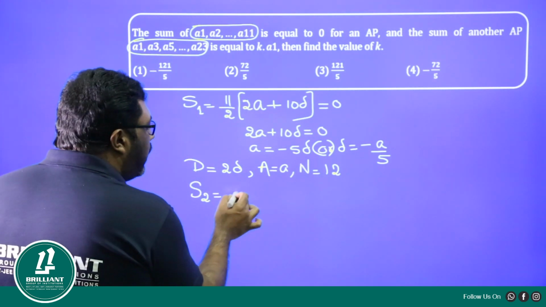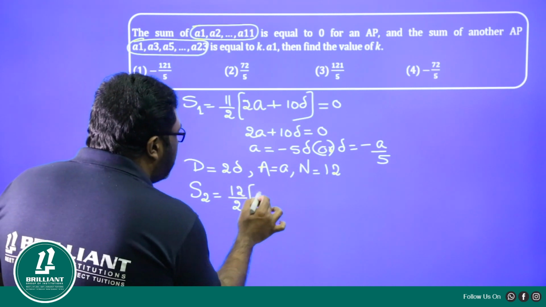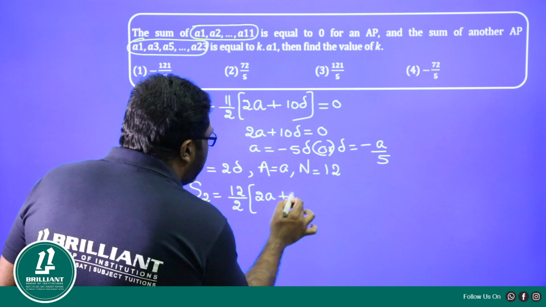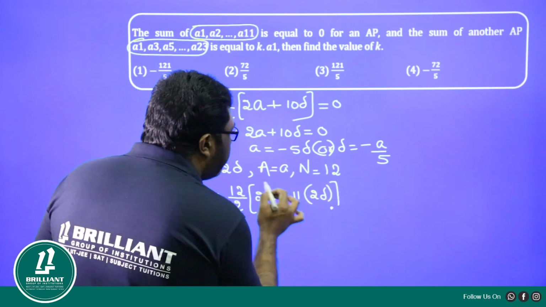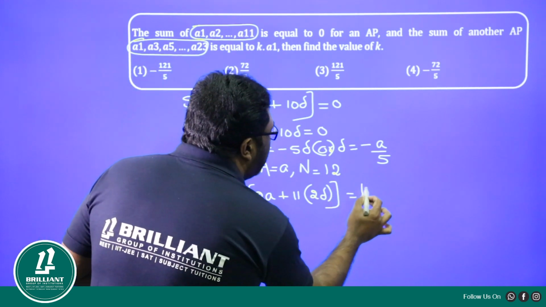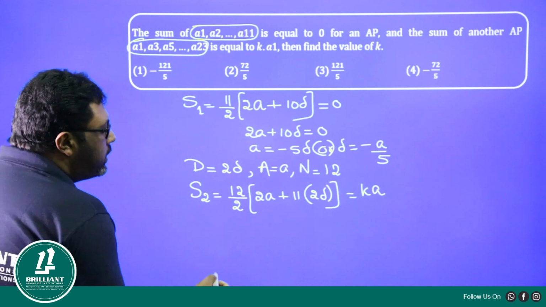The second sum is n by 2 into (2a plus 11d), where d is here 2d. And that is equal to ka. Now I have d is equal to minus a by 5.